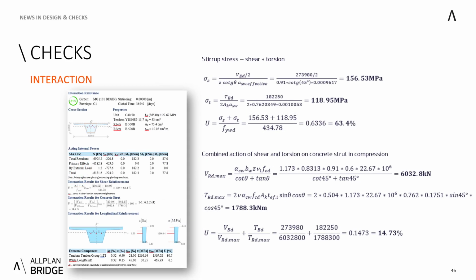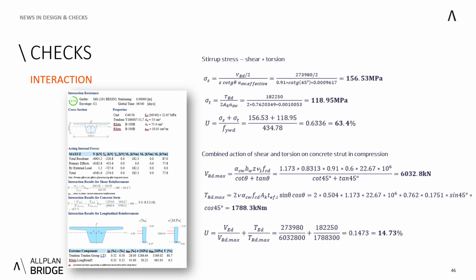When you do flexure, shear, and torsional checks, you can go for the interaction check. So the first one is that we need to cover the stirrup stresses for combined effect of shear and torsion. So the first thing is to calculate the stirrup stress coming from the shear.